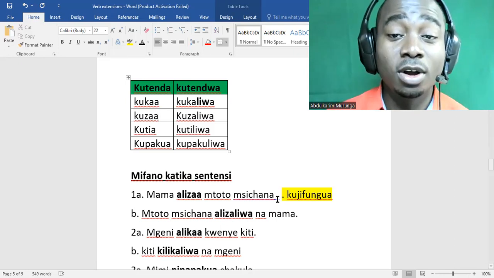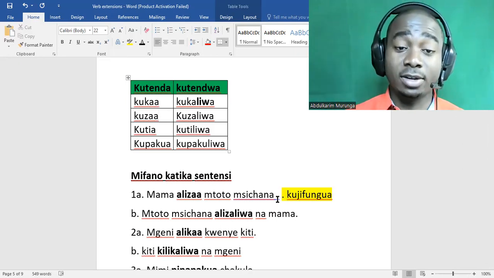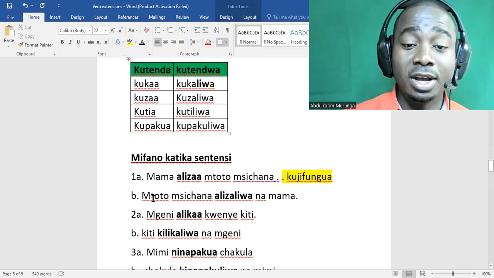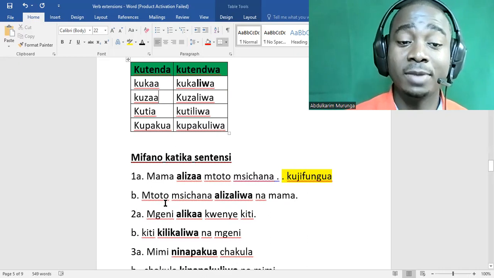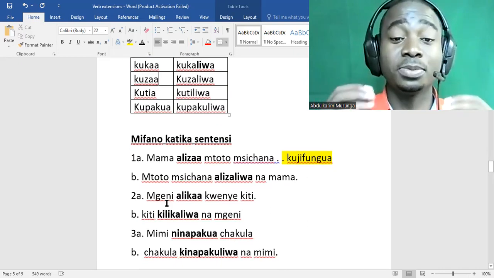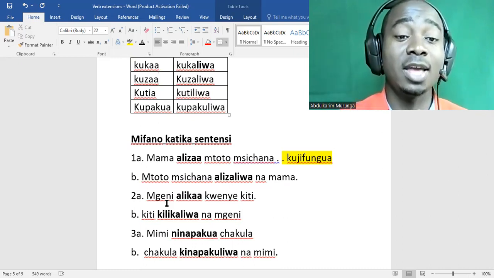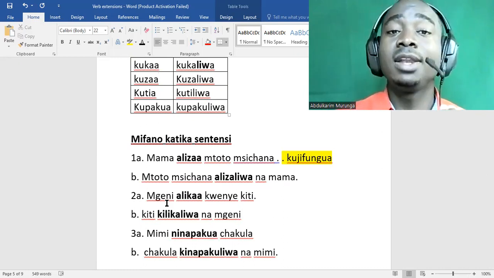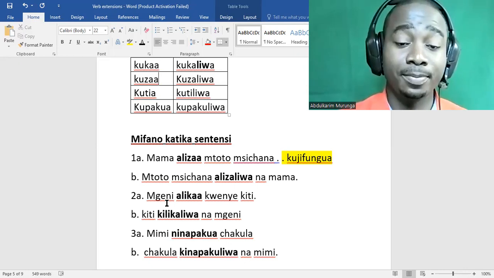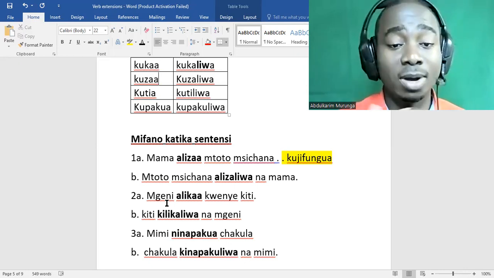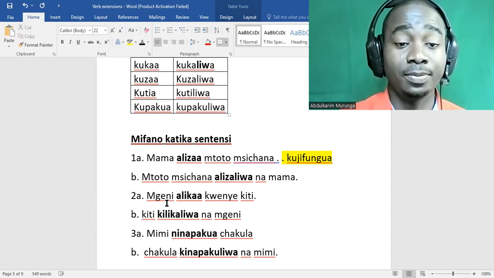And when we make it passive, we start with mtoto msichana, a baby girl. Alizaliwa na mama. Mtoto msichana alizaliwa na mama. Sawa?